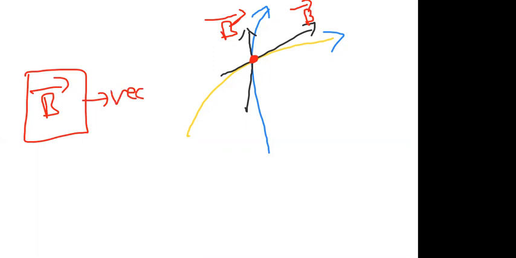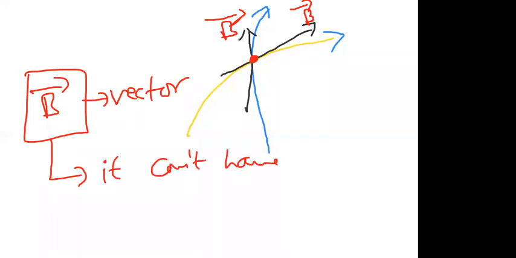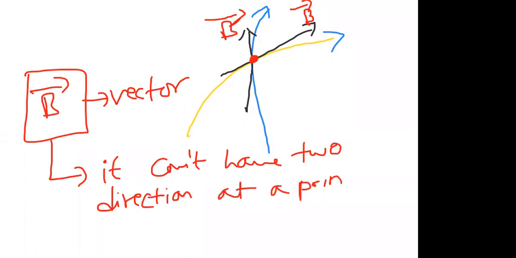A vector quantity can't have two directions at a point. So two directions at a point we can't have, because the magnetic field induction is a vector quantity. So this situation is impossible.